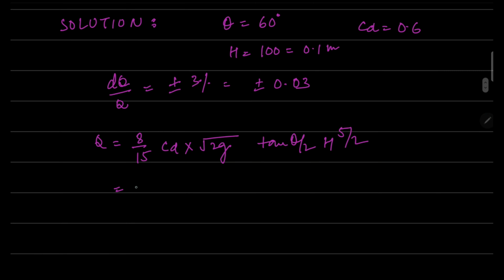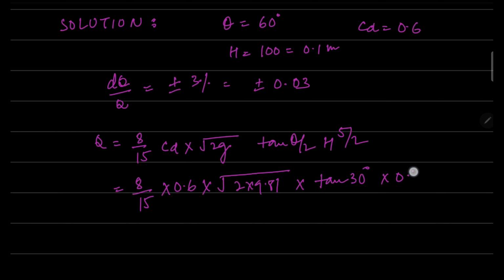So if we put all the values, this is 8 by 15 multiplied by 0.6 under root 2 times 9.81 multiplied by tan theta by 2, which will be tan 30 degrees, and the h value is given to us, that is 0.1, so 0.1 raised to the power 5 by 2.